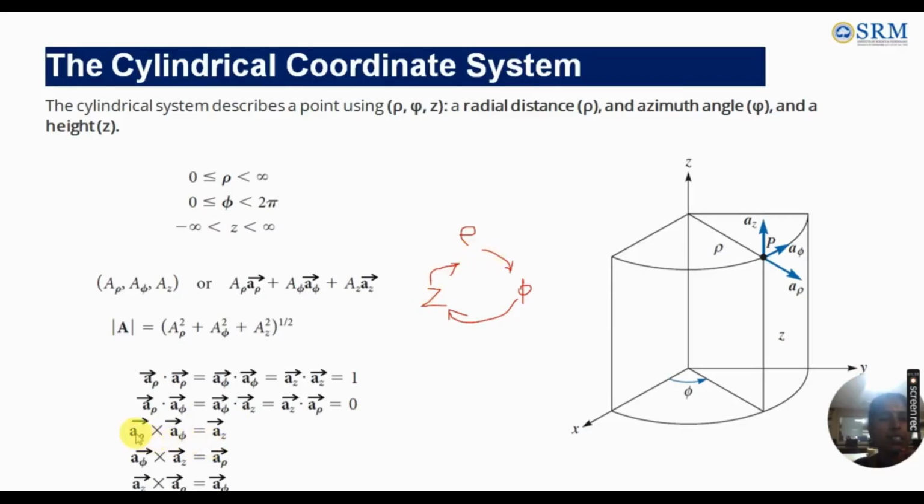For example, a rho cross a phi gives a z cap, whereas a phi cross a rho cap gives minus a z cap. When the direction is reversed, the negative sign comes into the picture. Similarly, we can write it for the other two sets, a phi cross a z, and a z cross a rho.